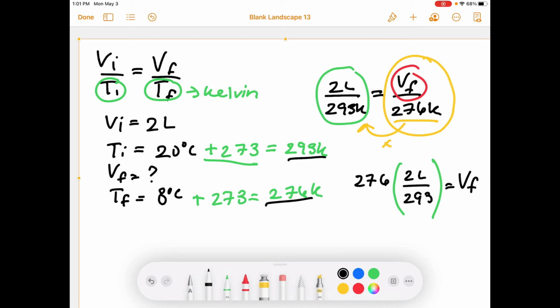Remember order of operations, you do whatever's in the parentheses first. So you're going to do 276 times whatever's in the parentheses.